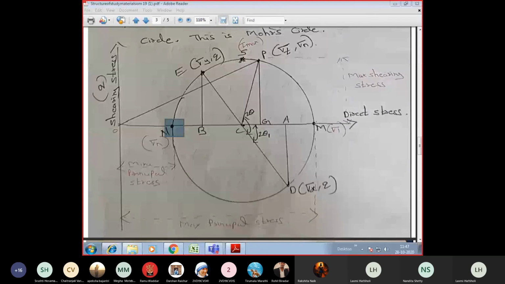So now in this circle, M indicates major principal stress, that is sigma 1. So take your scale from the origin and measure this OM.